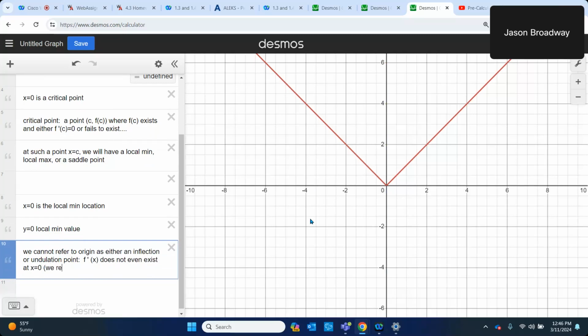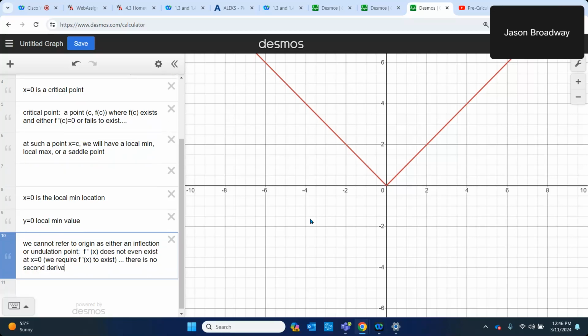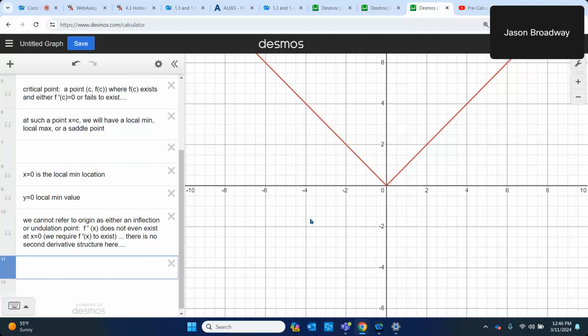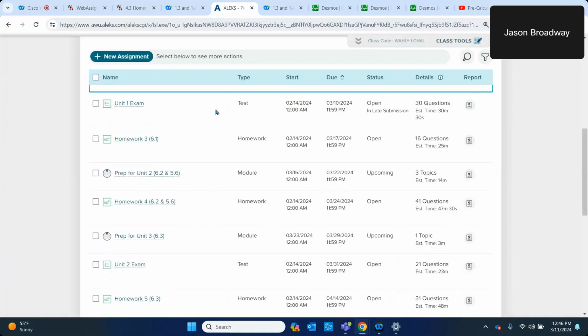We require f prime to exist, right? F double prime can fail to exist, but f single prime has to exist. So it's not inflection nor is it undulation. There is no second derivative structure here. You're out of luck here, right? It's a barren land.